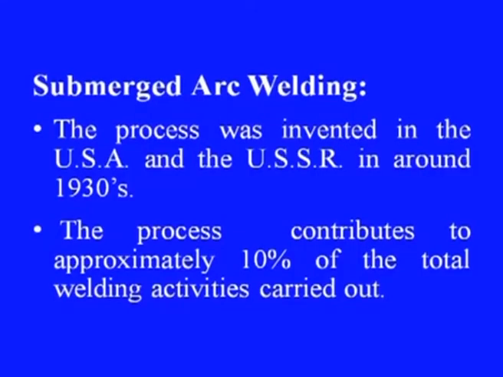This process was invented in the United States of America and the erstwhile Soviet Union in around the 1930s. The process contributes approximately 10% of the total welding activities being carried out worldwide. In this process, the arc is submerged under a blanket of flux, hence it is not visible from outside.